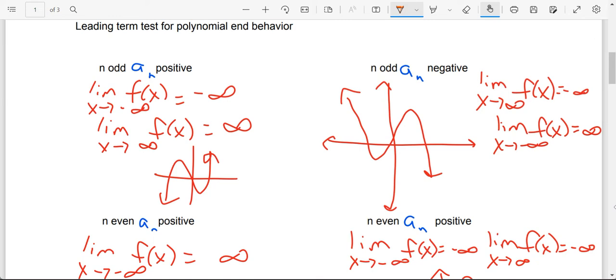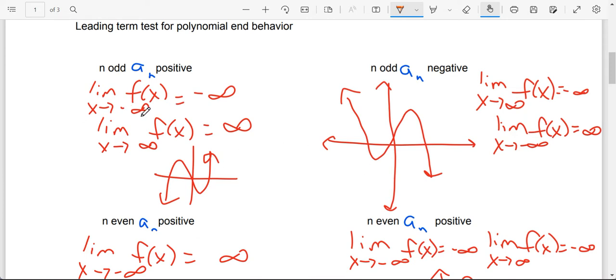Here's where highest power and leading coefficient come into play. They can tell us how our polynomial is going to end if we just know a couple of things about them. Let's say hypothetically your highest power is odd and your leading coefficient is positive.